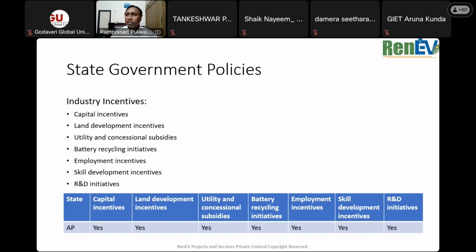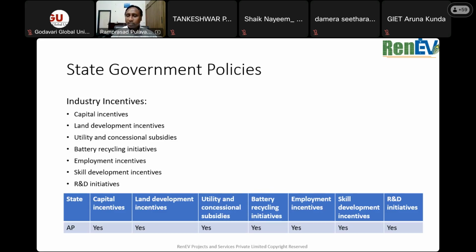Land development incentives. What are the charges that are levied when you are developing an industrial estate or something like that? Then again, there are some incentives there. Utility and concessional subsidies: there will not be any duty. You must have seen your electricity bill.